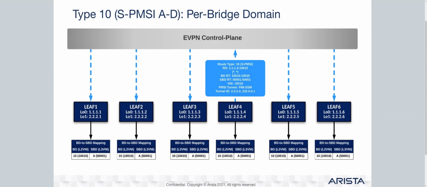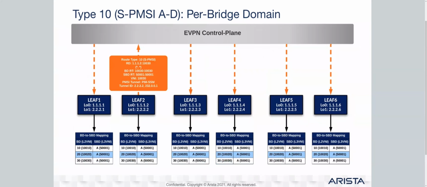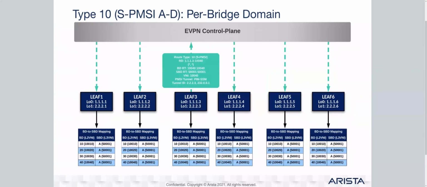All right, so every VTEP is going to originate these routes. So there's one for VLAN 10, Leaf 4 sends out one for VLAN 20, maybe Leaf 2 sends out one for VLAN 30, so on and so forth. The idea here is that by the time all of these routes have been advertised, all the VTEPs that have received these type 10 routes now understand what VRF each respective bridge domain ultimately maps to, because this will be important for forwarding operations that we discuss later on.